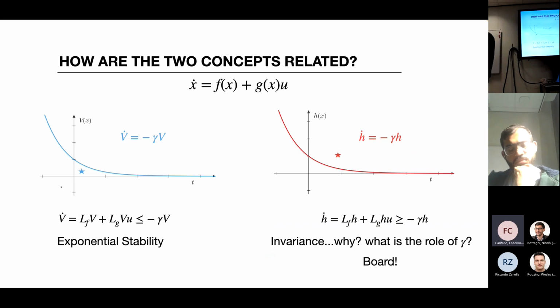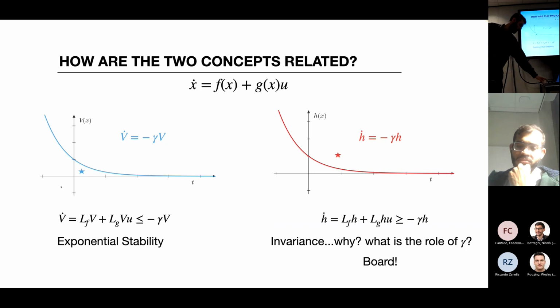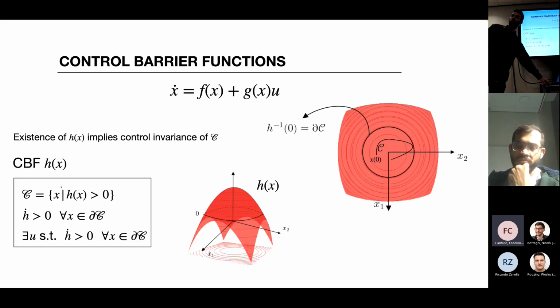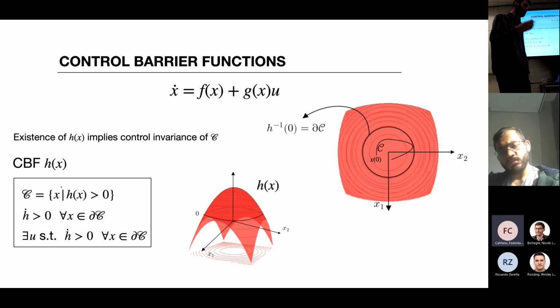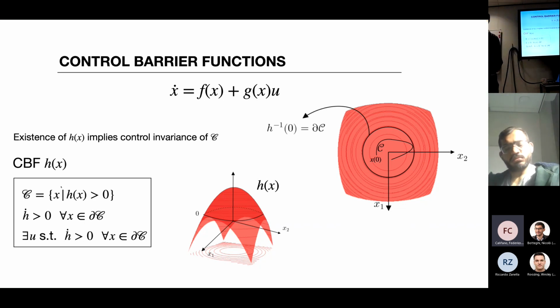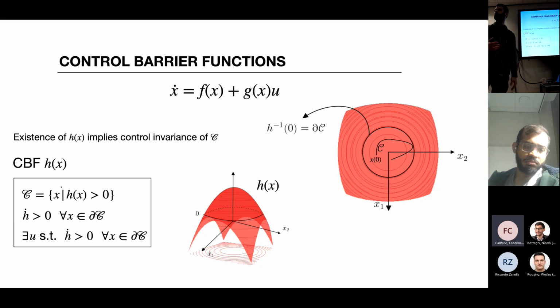So let's consider, yes. I would understand the importance of stability and stabilizing using control. What is the importance of invariance and enforcing invariance? Control barrier functions were introduced in 2014 in the context of cooperative adaptive cruise control. So you want to do your own stuff, but you don't want to crash into that car.